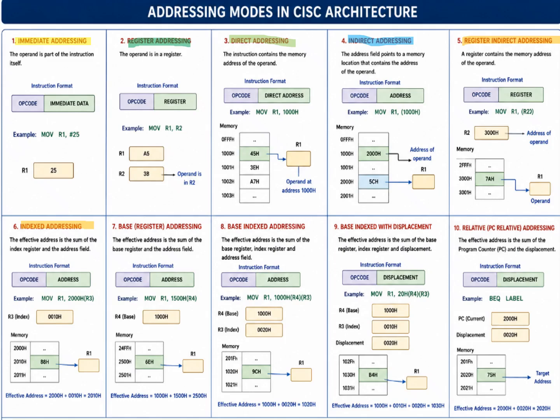The instruction format is opcode and address, given in the example MOV R1, 2000H[R3]. Here R3 holds the value 0010H, which is added to 2000H. That gives the value that is again moved to R1. Okay.